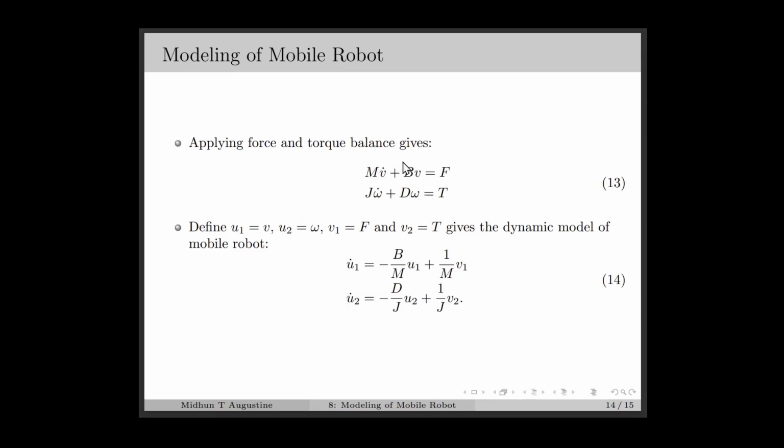These two equations are obtained by applying the force balance and torque balance equations from Newton's laws of motion. Then, by defining the control inputs u1 equal to v, u2 equal to omega, v1 equal to F, and v2 equal to T, we get the dynamic model of the mobile robot as in equation 14.